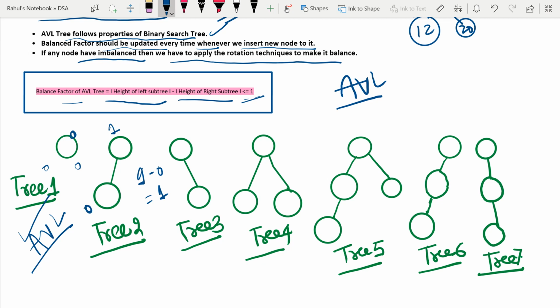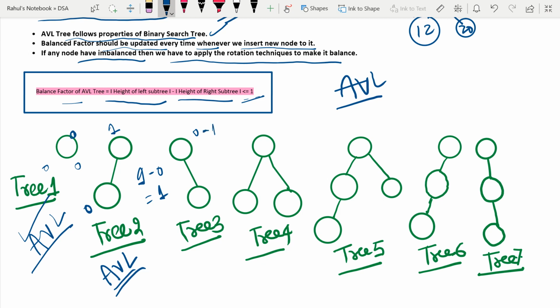If you observe the balance factors of both nodes, which are 0 and 1, both are less than or equal to 1, so it also follows the AVL tree's balance factor property. Now if you observe tree number 3, the height of the left subtree, that is 0, minus the height of the right subtree.